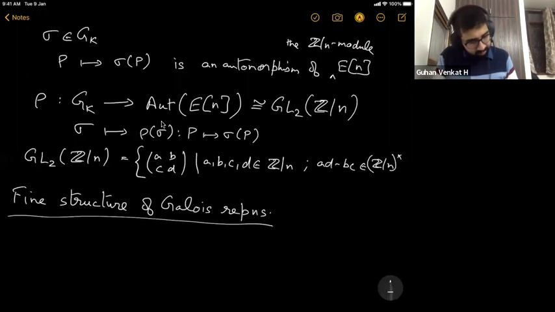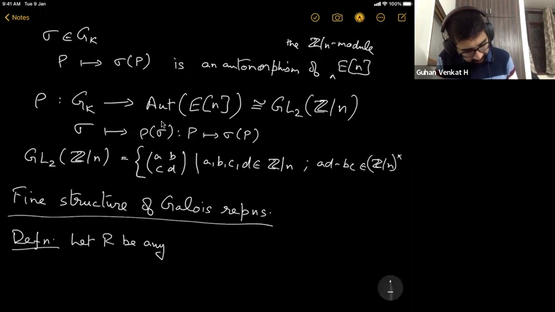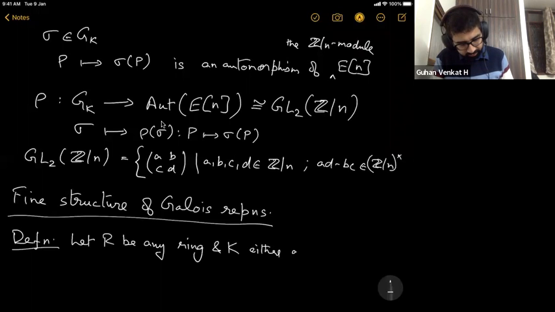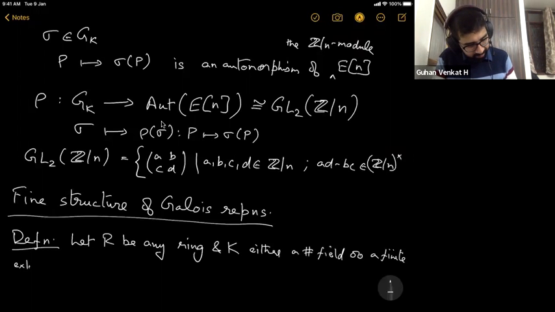All right. So, definition: let R be any ring and say K is either a number field or a finite extension of the p-adic numbers.